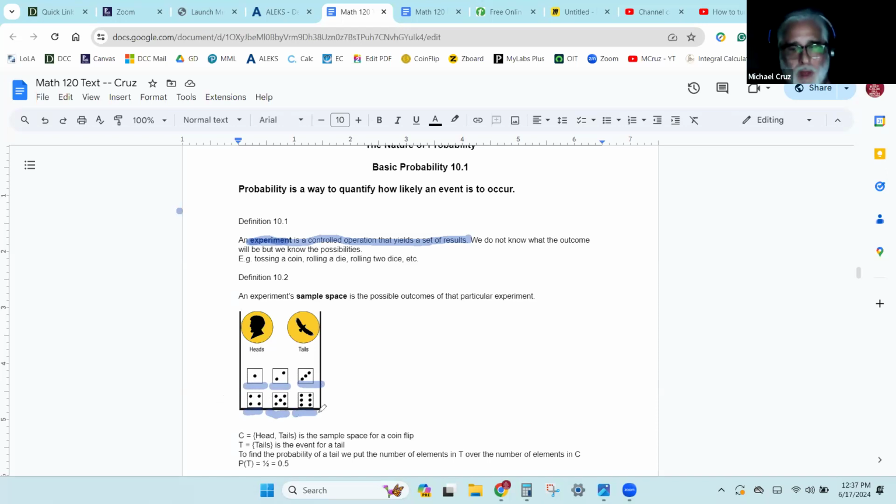So when we roll that die, one of those 6 numbers will be showing. We don't know which one it will be, but we know that one of those 6 will be the one that comes up. That's how we calculate probability.